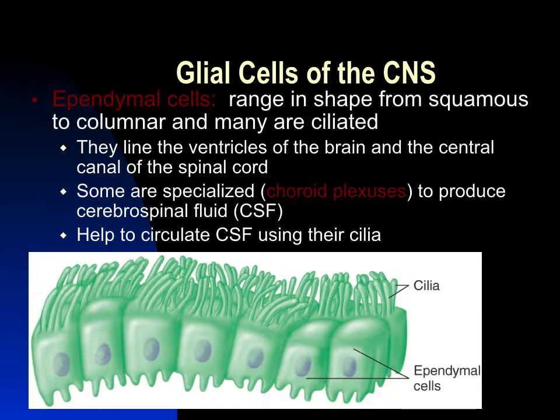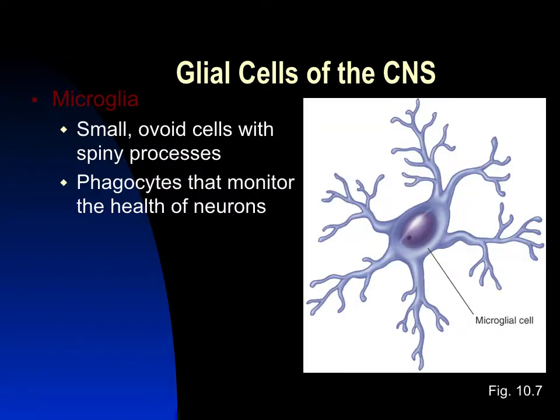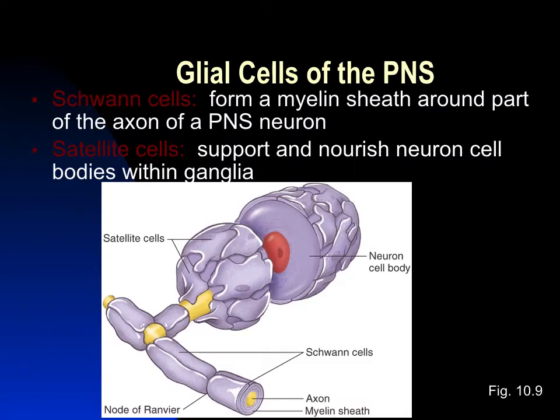So very important. Another type of glial cell inside the central nervous system are microglia. Very small cells that look a little bit like astrocytes, but they're more ovoid, which is just roundish. And again, they act kind of like immune cells. They're phagocytic, and they can remove debris and perhaps some infectious agents.